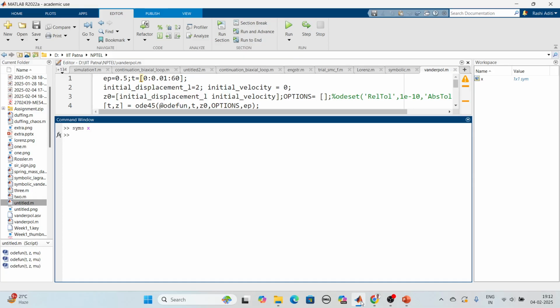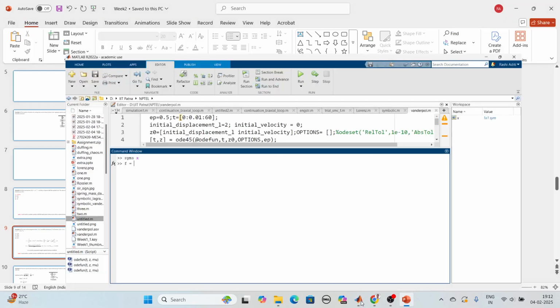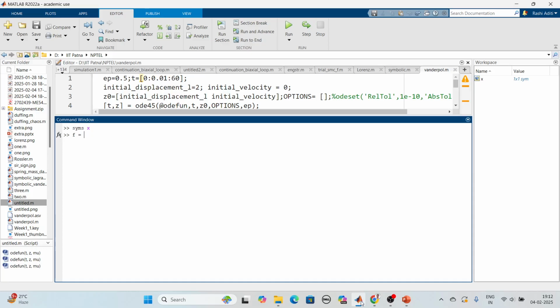Now I'll define the function f: 2x plus 1.5 x square plus 0.5 x cube.